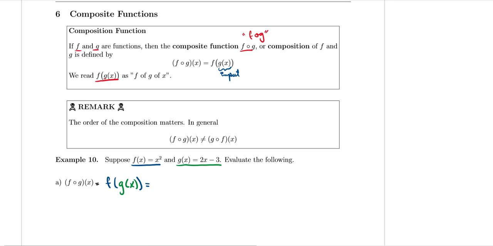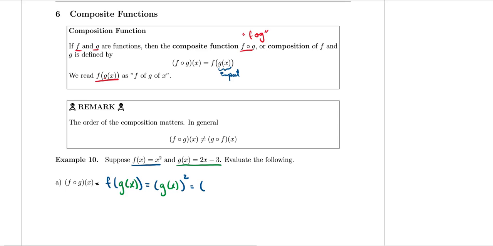Okay, so what this means is that the input is g of x, and we're inputting that into the function f. Now what was the function f doing? Well, the function f was taking our input, whatever that may be, and squaring it. So we're putting the input of g and squaring it, which is going to give us, what was the g?